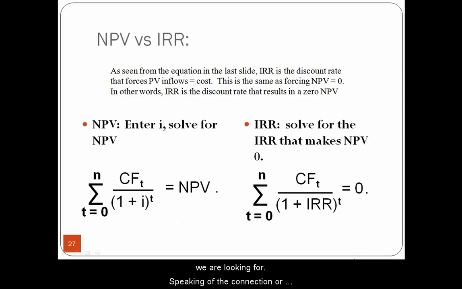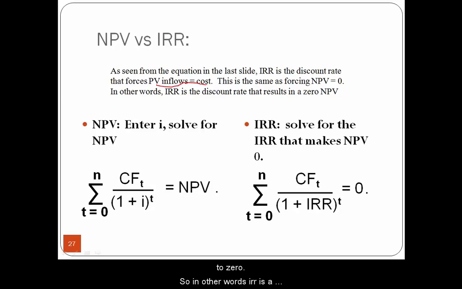Speaking of the relationship between NPV and IRR, IRR is the discount rate that forces present value of the cash inflows equal to the cost of the project. So if you rearrange this equation, this means present value of the inflows minus cost equals 0. And that means NPV equals 0.